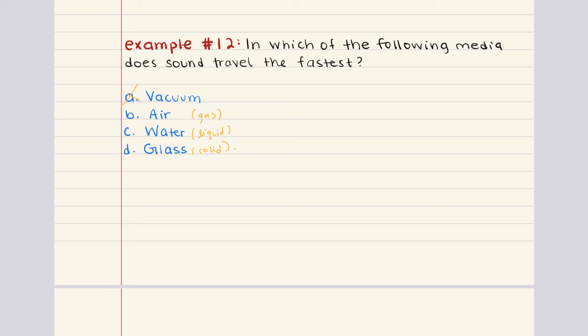In general, sound travels faster in materials where particles are closer together and more tightly bound, allowing vibrations to transfer more quickly from particle to particle. So with that being said, the correct answer for 12 is going to be D, glass. Glass is a solid where particles are densely packed and the medium has high elasticity.